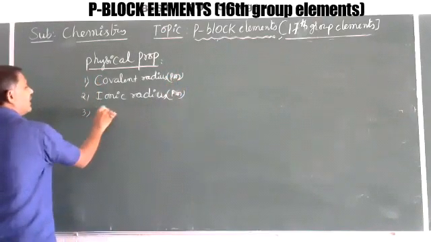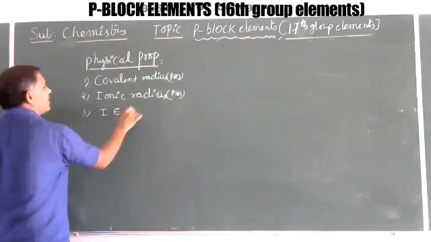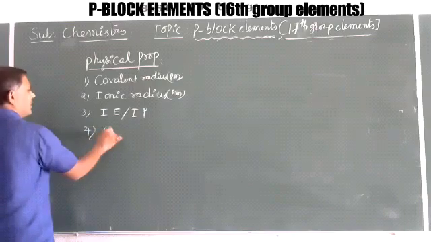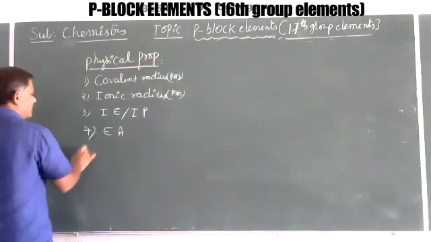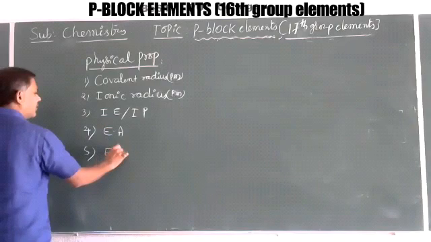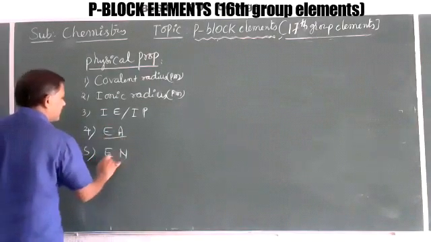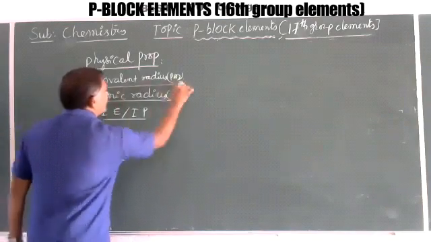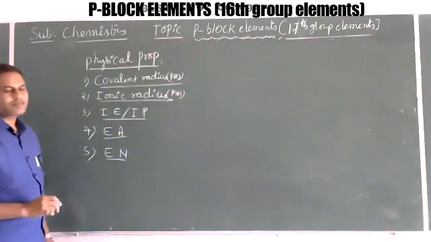Third one is ionization energy or ionization potential. Fourth one is electron affinity. Fifth one is electronegativity. We'll discuss some important points of 17th group elements.